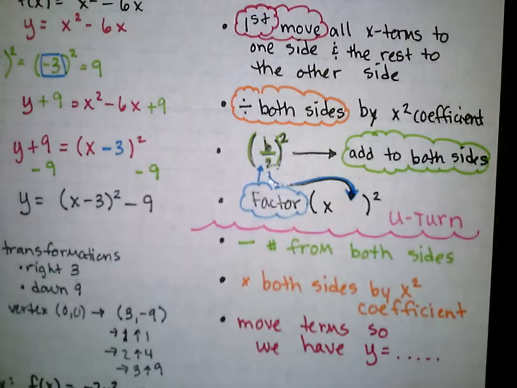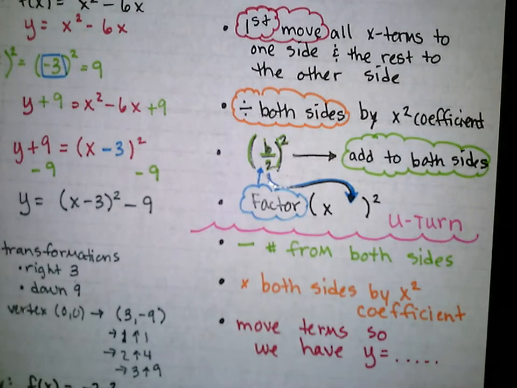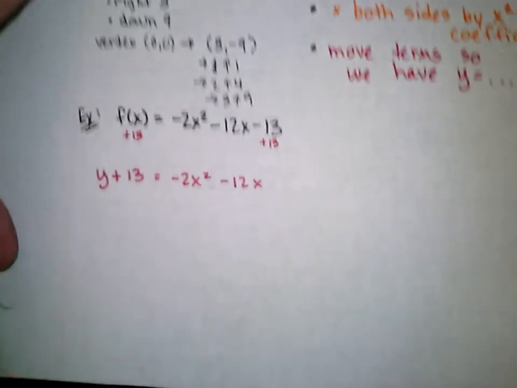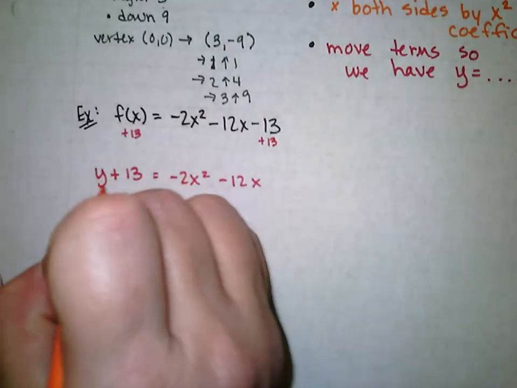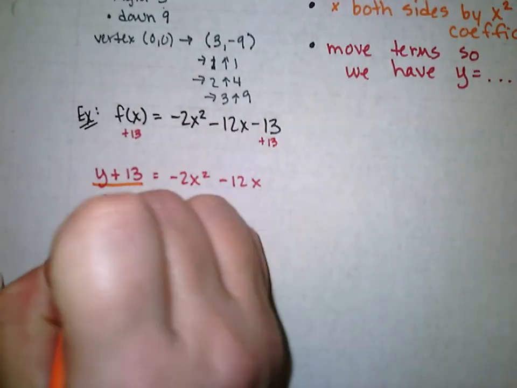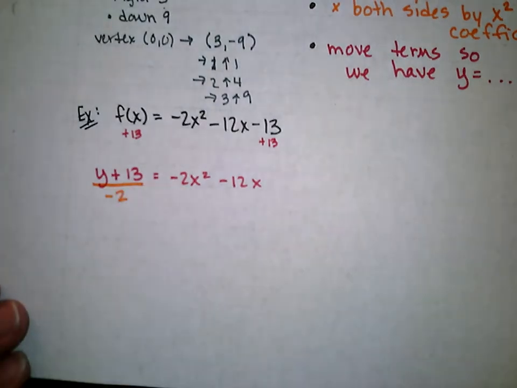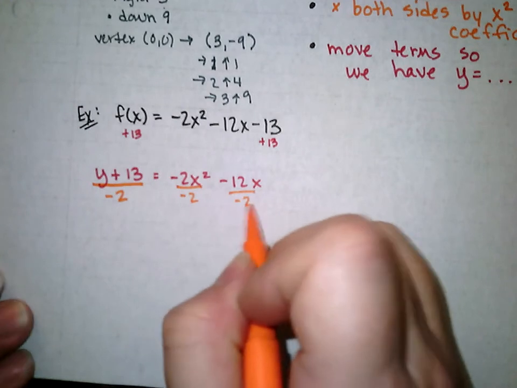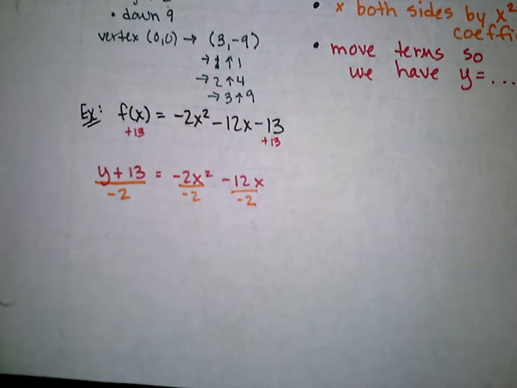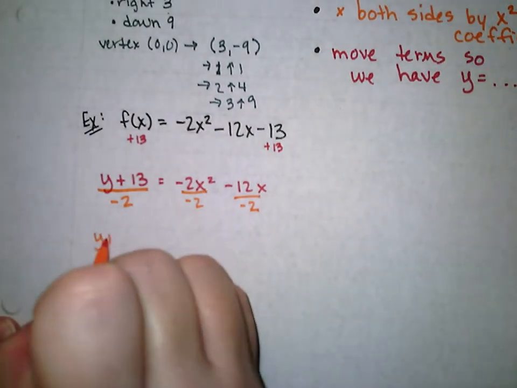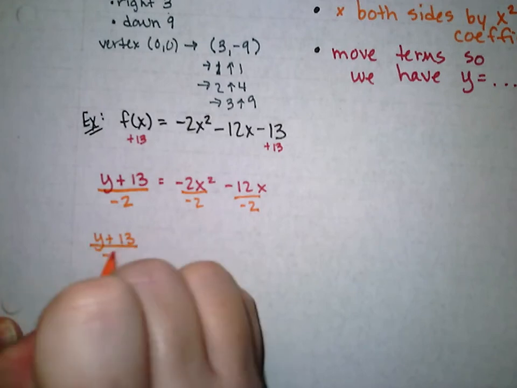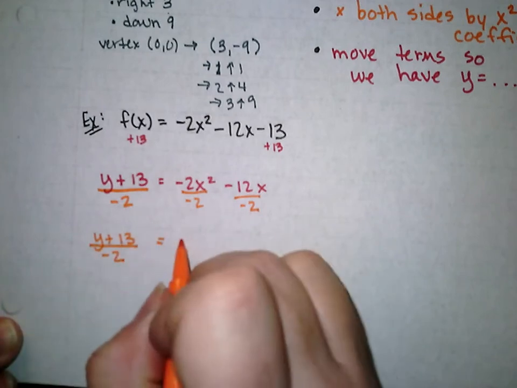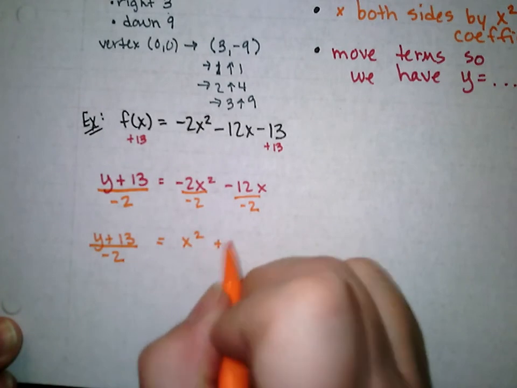Next step was to divide both sides by the coefficient of the x squared. Now, when we do that, I want you to put the entire left side, just keep it all over negative 2. But on this side, I want you to divide each term by negative 2. So then we're going to end up with y plus 13 all over negative 2 equals x squared plus 6x.